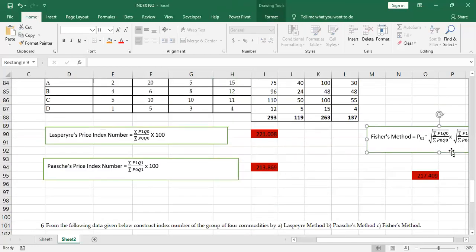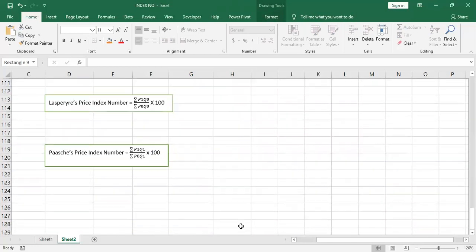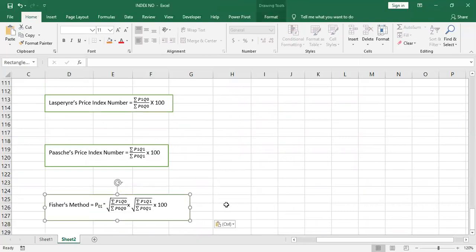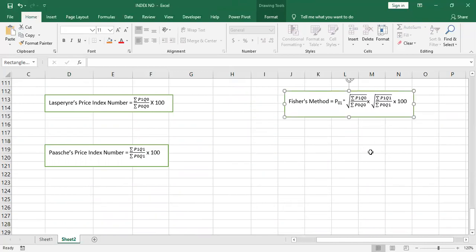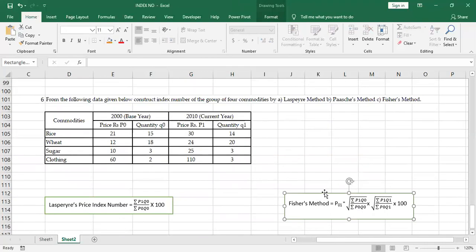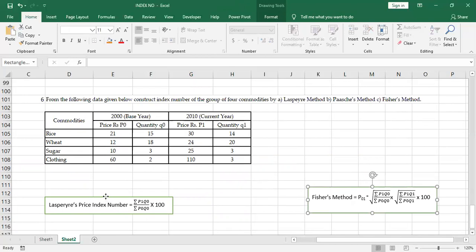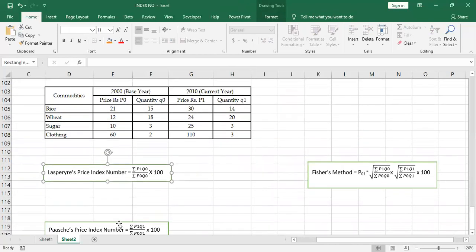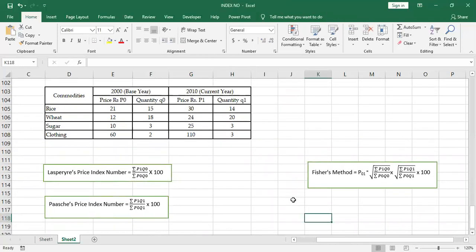Next we'll have Fisher's. So we can bring this Fisher's here so that we can solve the problem easily. We can also bring Laspeyres here. Now what all do we have to consider? What do we have to calculate as per the formula?